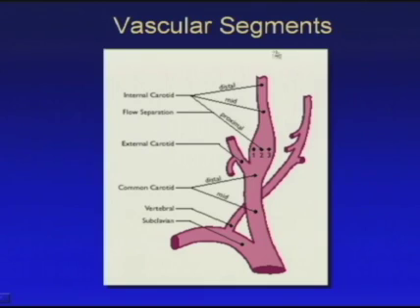And it's very important to evaluate the three segments of the internal carotid artery: the bulb, which is the proximal segment, the medial and the distal segments. Also, it's important to evaluate the external carotid artery, and we can differentiate both arteries by observing this first bifurcation here in the external carotid artery. This artery corresponds to the superior thyroidal artery.